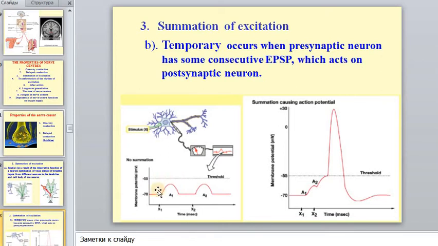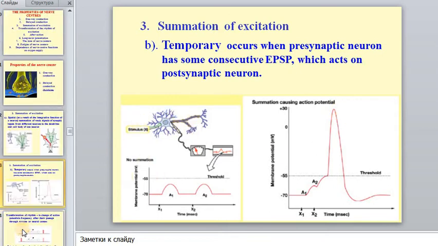Here we see the signals are less than needed, but if the signals come in a short time to the body of the neuron, or just to the dendrites of one neuron, in general these signals will be summed, and in the end it will give the action potential in the trigger zone.